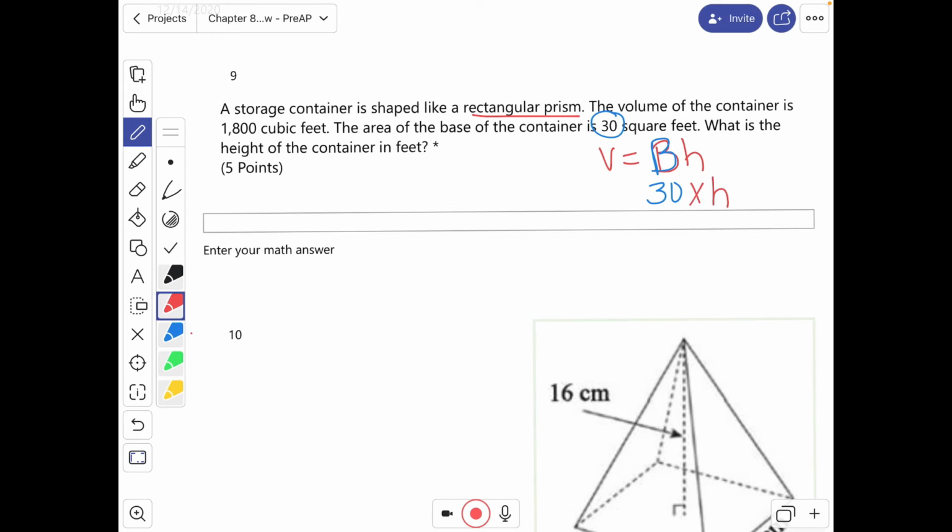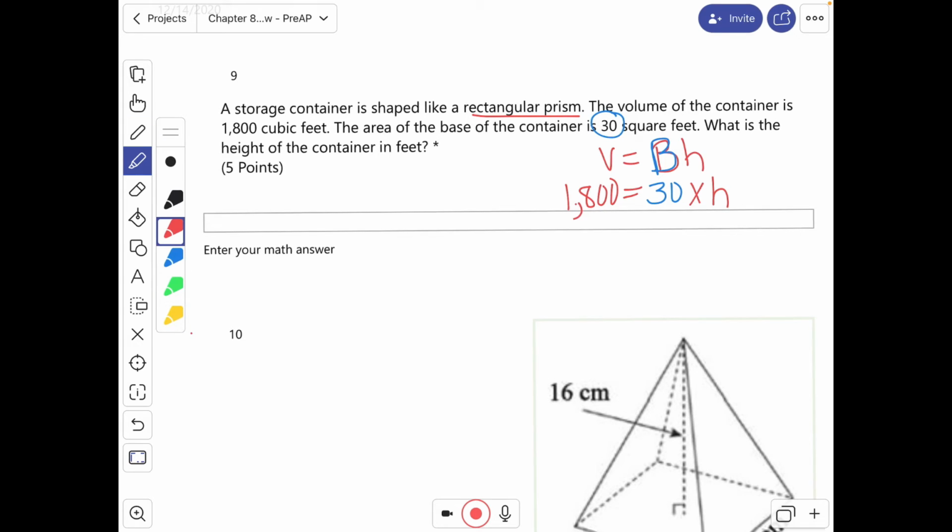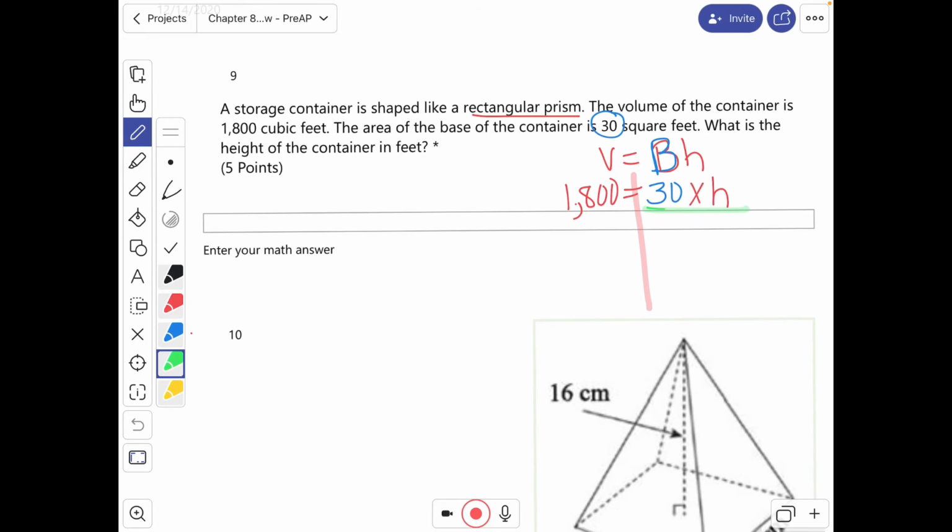Times the height, which we don't know, but we do know the volume, which is 1,800. So we're just solving an equation. We want to get h alone, and to do that, we need to do the opposite of multiplying by 30, which would be dividing by 30. If I divide both sides by 30, the 30's cancel.